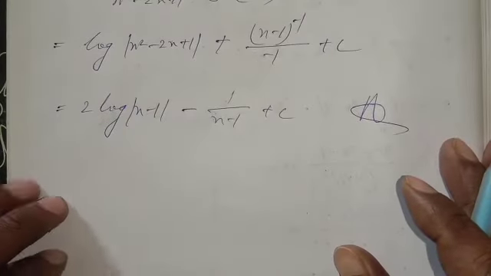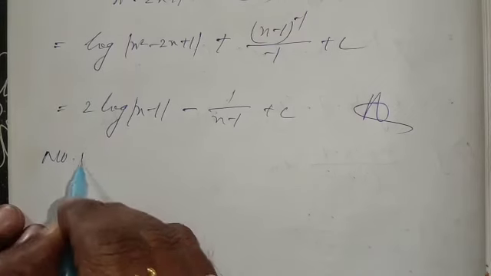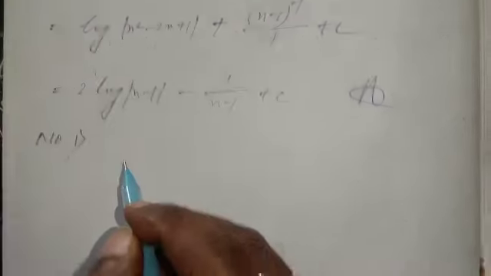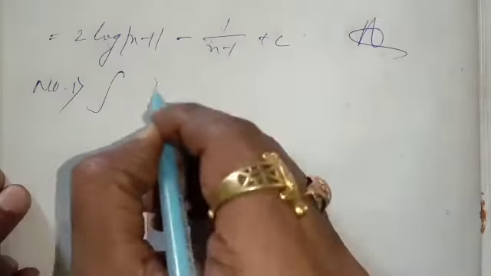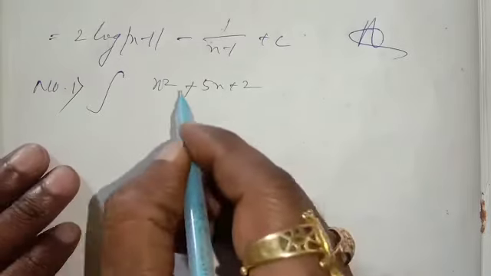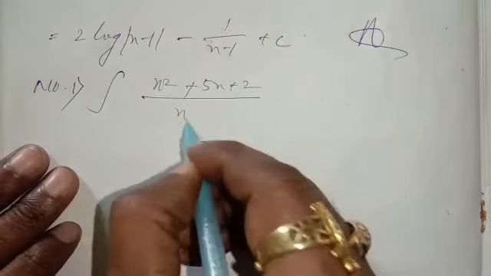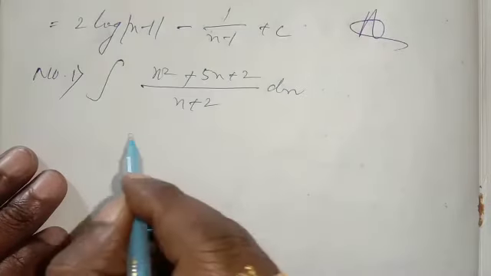The last question I am doing is the first number, number 1. I am writing the question here just to see. Question number 1 is given: integration of x square plus 5x plus 2 divided by x plus 2, dx. Just a normal division.